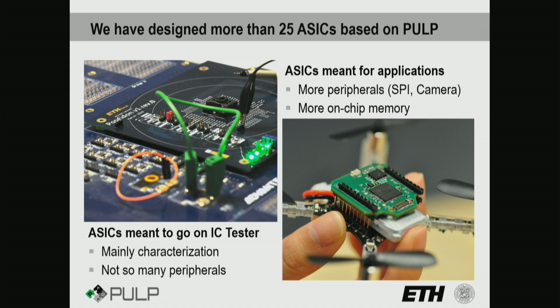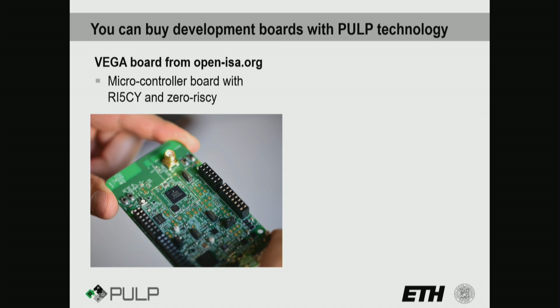We also have other ASICs which are meant to go more into the application domain, where there are more peripherals. You have an SPI interface or a camera interface to talk to the outside world, or you have more on-chip memory to actually hold more data and do more significant processing. This is what goes onto this nano drone, for example. So you can actually go out and buy a commercial development board with Pulp technology.